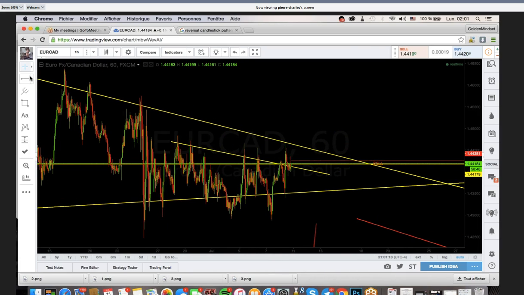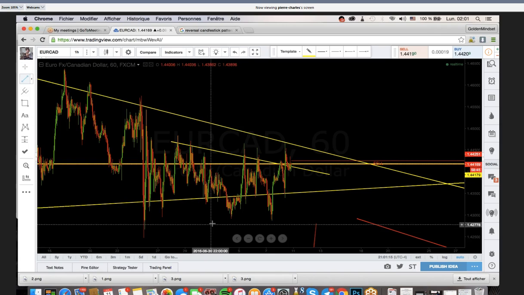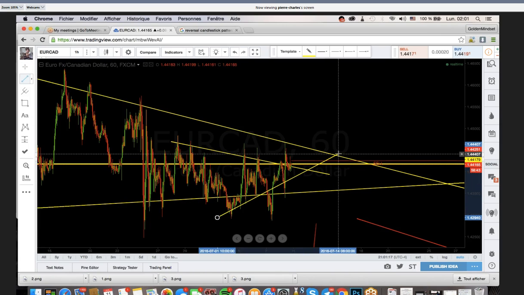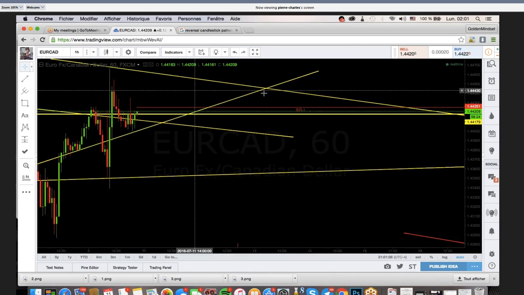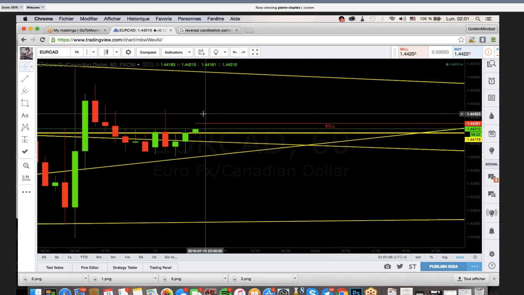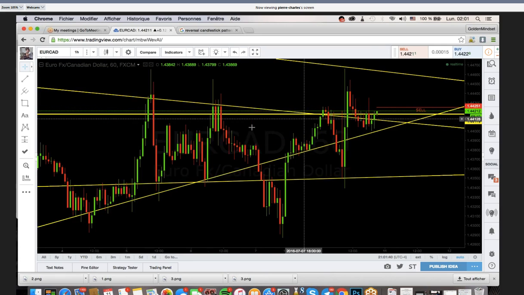And for my TP, I will put it at the trend line level, 144.550, so like 30 to 50 pips take profit. Really, Euro CAD looks like it wants to rocket up.